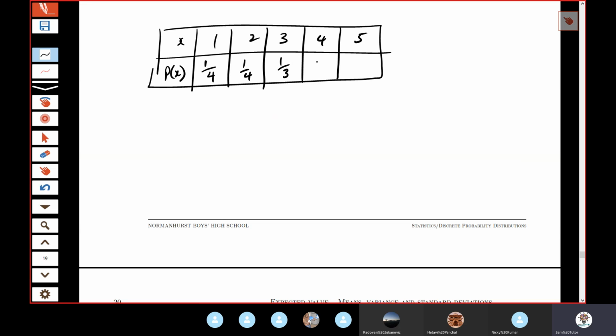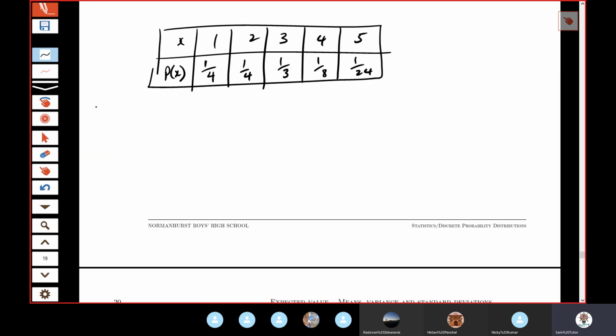Make this 1/8, and the last one should be 1/24. Yes, perfect. Okay, so there you go. We'll just make up something.